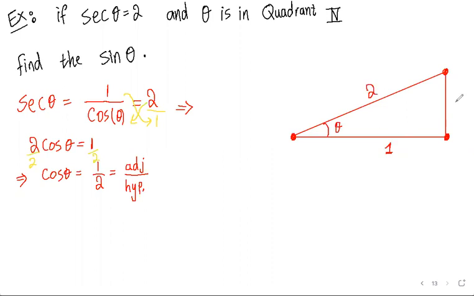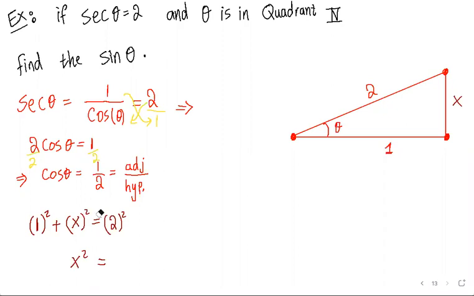Now we have to find the value for this x, again by using the Pythagorean Theorem. So 1 squared plus x squared equals 2 squared.